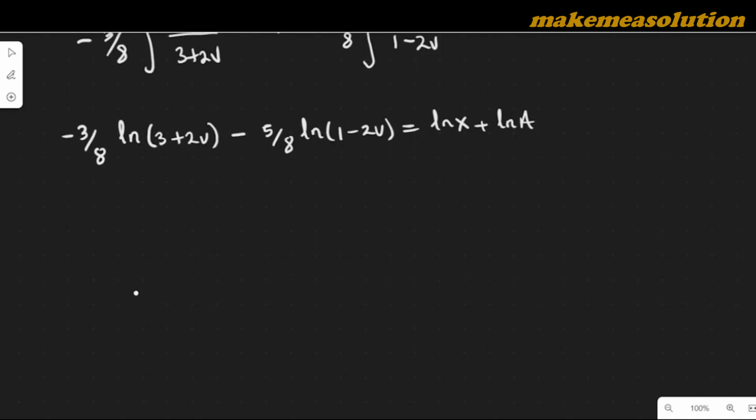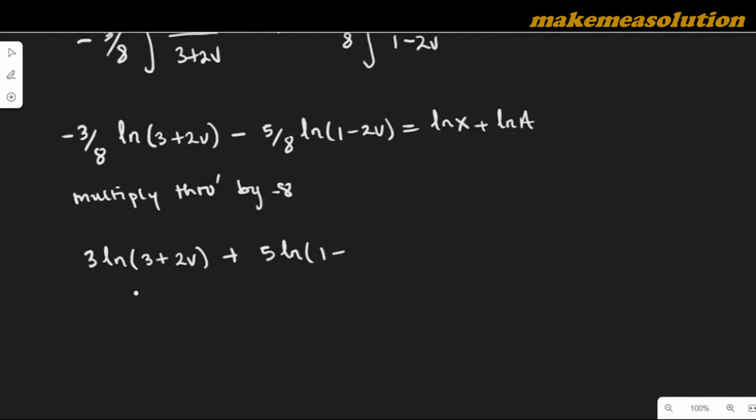We multiply through by minus 8. If we multiply through by minus 8, I'll have 3 ln 3 plus 2v, like this, then minus 8, that's plus 5 ln 1 minus 2v. We are multiplying through by minus 8. Okay, take note of that.